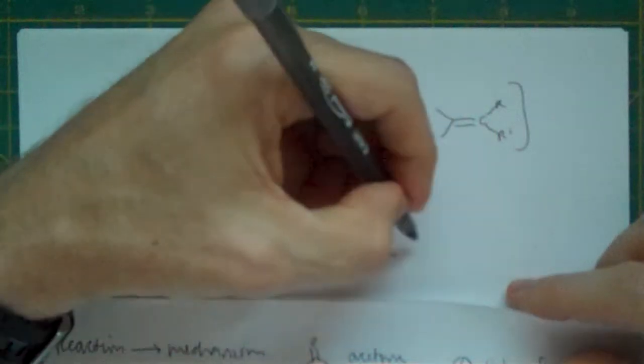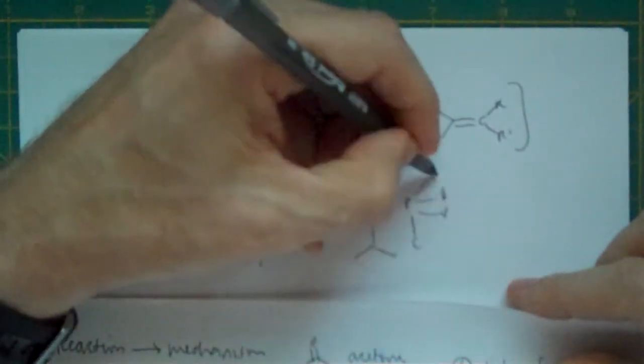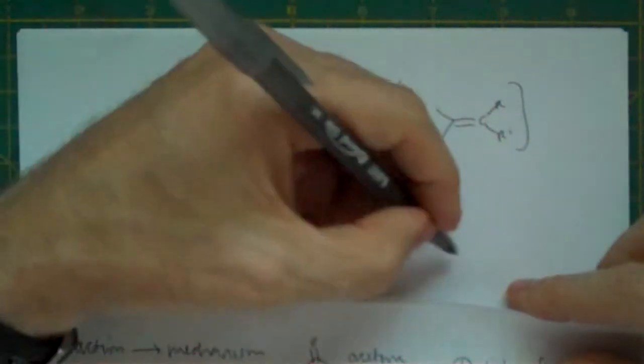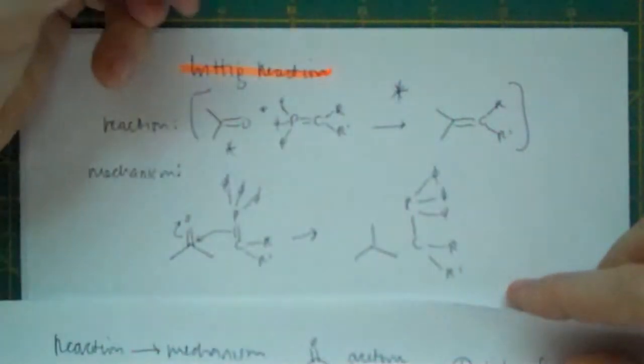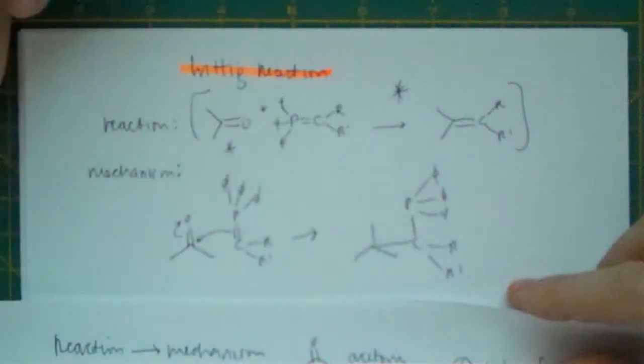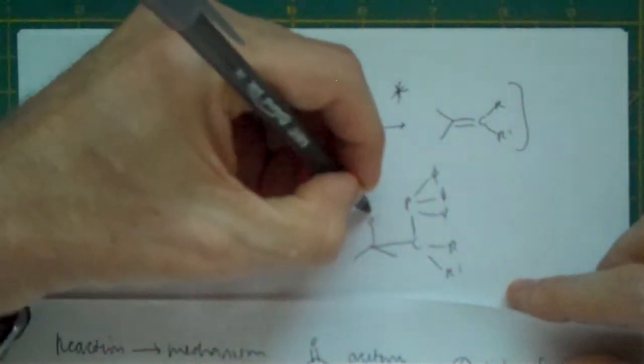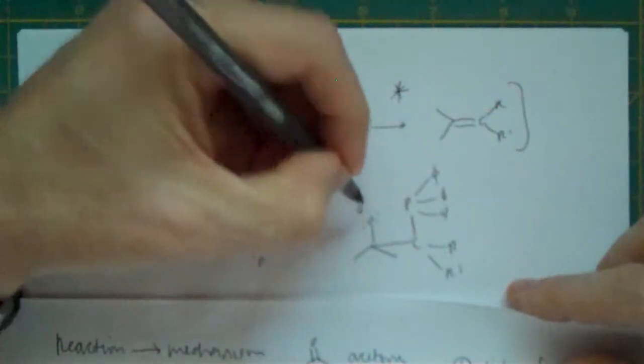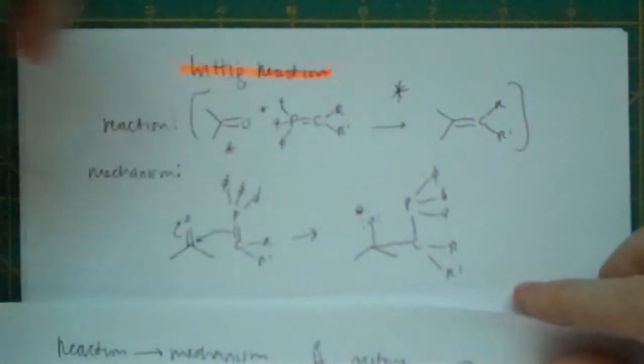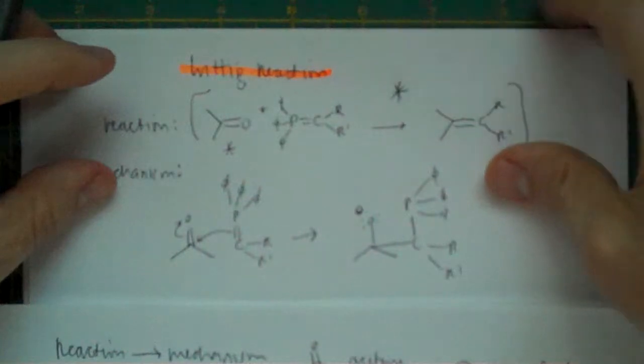If we get that, I've got a carbon here, phosphorus. I'm going to draw my phenyl groups over here instead. My R prime, they haven't done anything, but I now have a new bond here, right? There's the new bond, and then I have a lone pair of electrons up there. That's a minus.